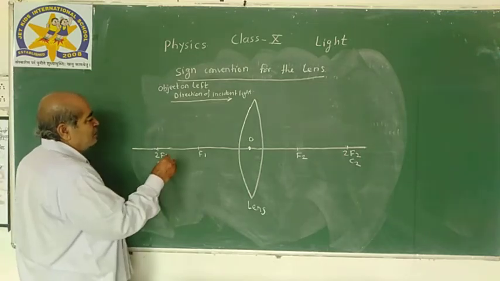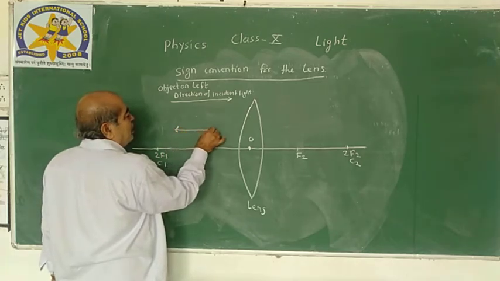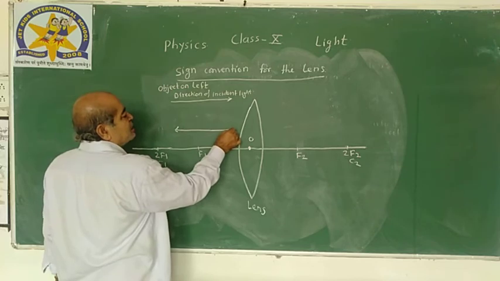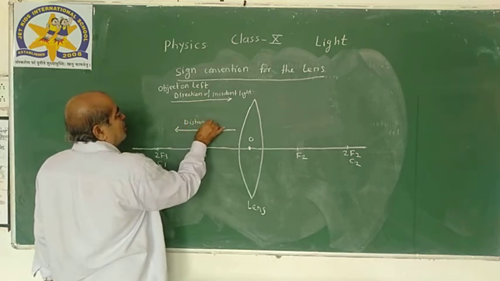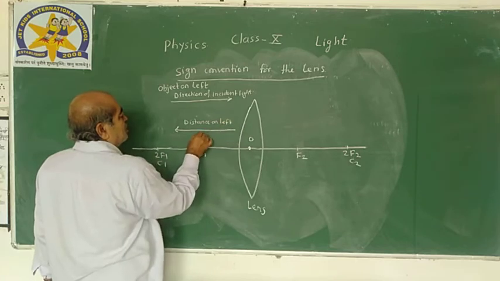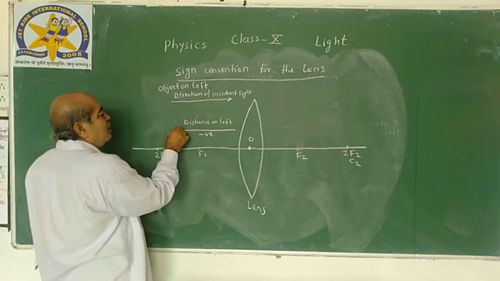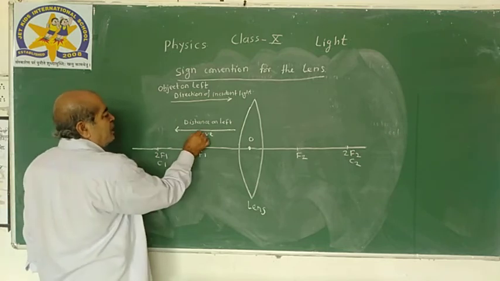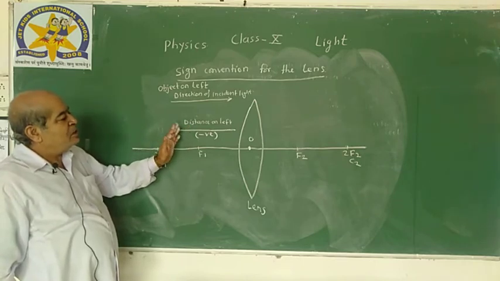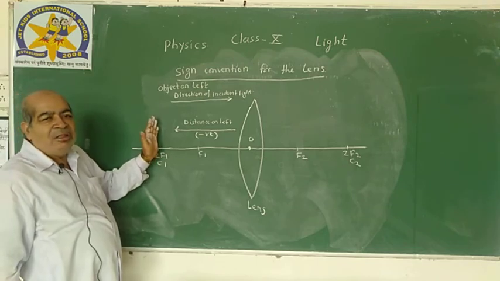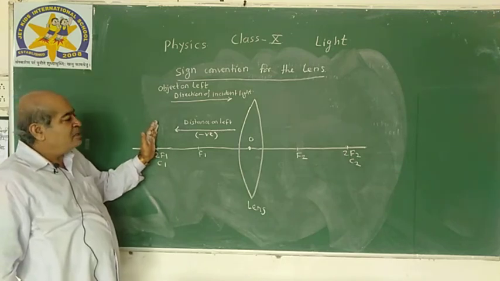The third rule is, the distances measured to the left of the optical center, that is, distance on the left, is negative.